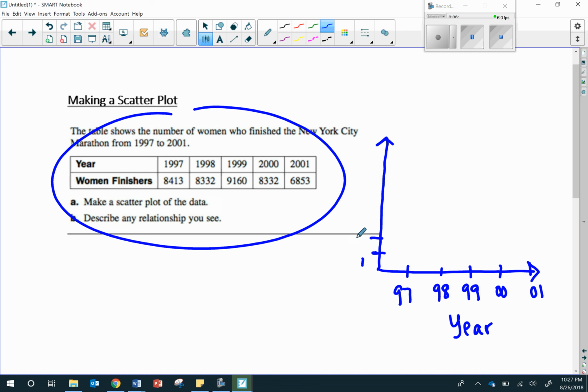So that's 1,000, 2,000, 3, 4, 5, 6, 7, 8, 9, 10. Continue our axis up. And again, hopefully your scatter plot would be a little neater, but along our y-axis, this is our finishers in thousands.